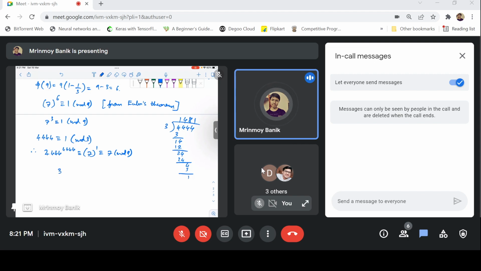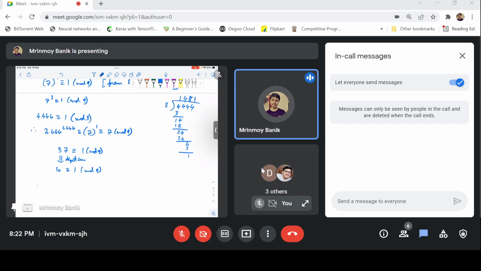Just for example, take the number 37. This number is congruent to 1 mod 9, but its digit sum, that's 10, is also congruent to 1 mod 9.